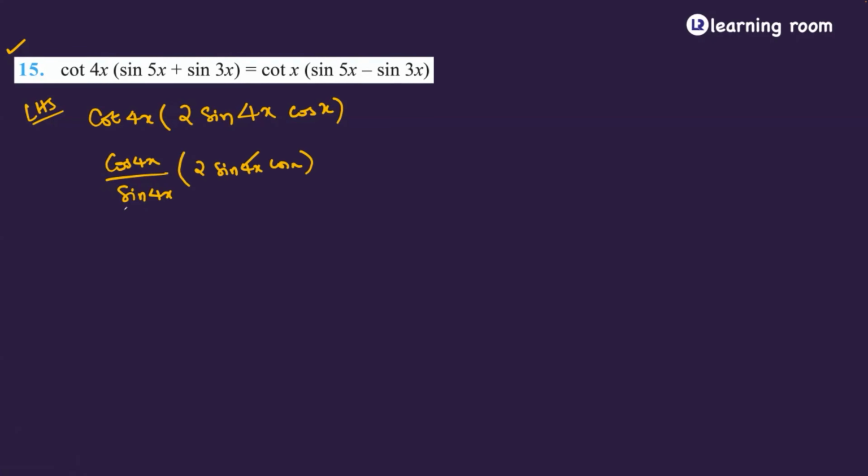So sin 4x and sin 4x will get cancelled. Right. So what you have is 2 cos x into cos 4x. We have 2 cos x into cos 4x. Am I right?